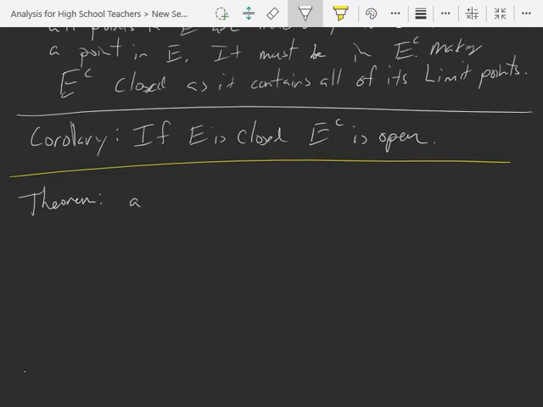So, for E sub alpha, alpha in A, if E alpha is open for all alpha, then the union over alpha in A of all of them is open.